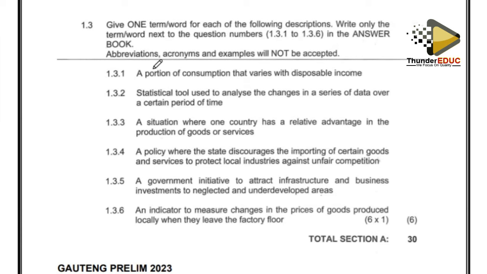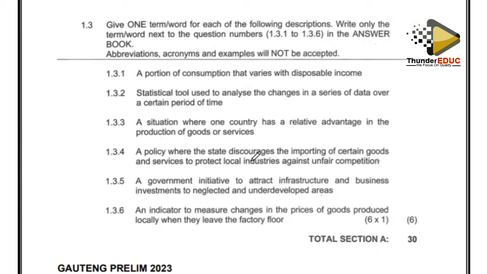An example is given there. So abbreviations, acronyms, and examples should not be accepted. And I know most of you grade 12s, whenever it comes to this set of questions, you love giving abbreviations or acronyms. Try by all means to avoid that, because the moment you do that, you are going to be penalized. Okay, right. So now the first question, which is 1.3.1, reads as follows.